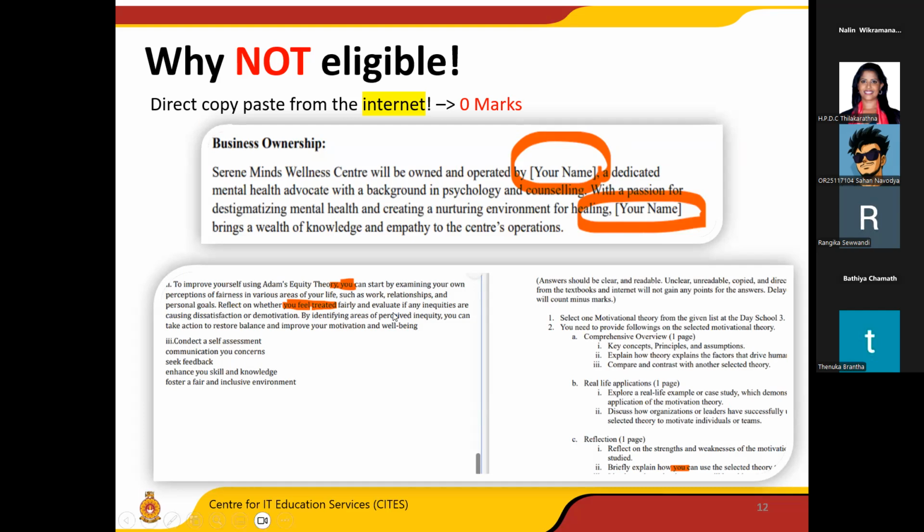Please do not do this, because you are allowed to use the internet for gathering information. However, you must read, understand, and then write your answers. You can use the internet for support in your assignments, but you cannot copy paste the content itself. If you do this, you will receive 0 marks for your assignments.